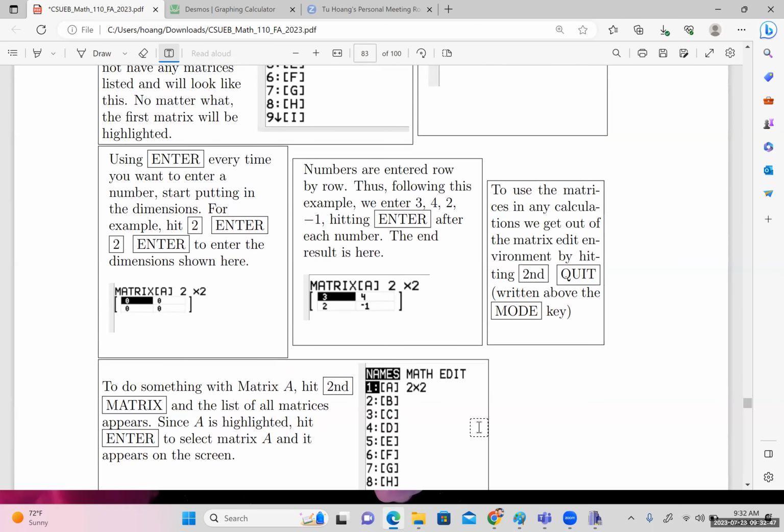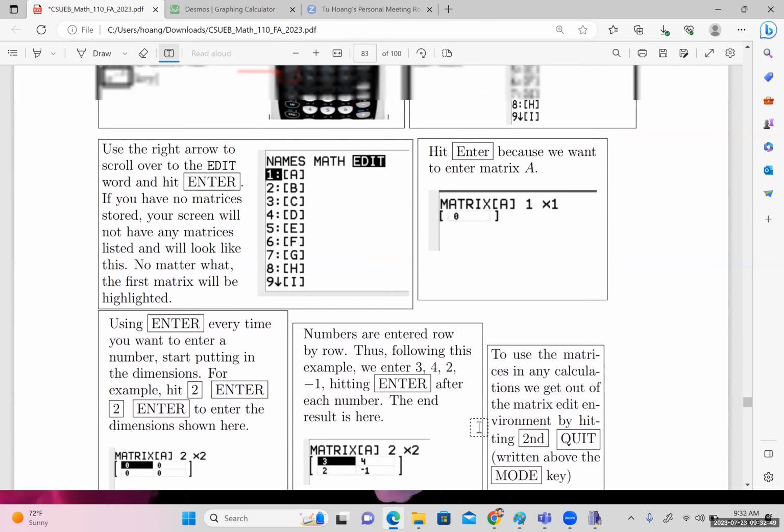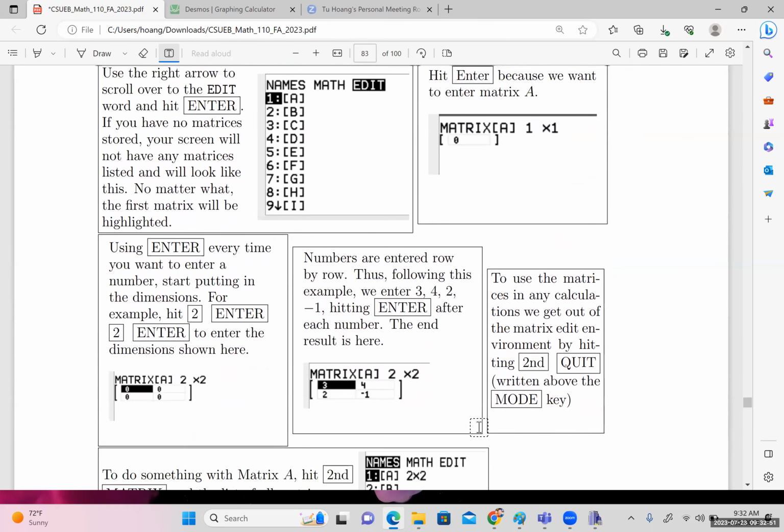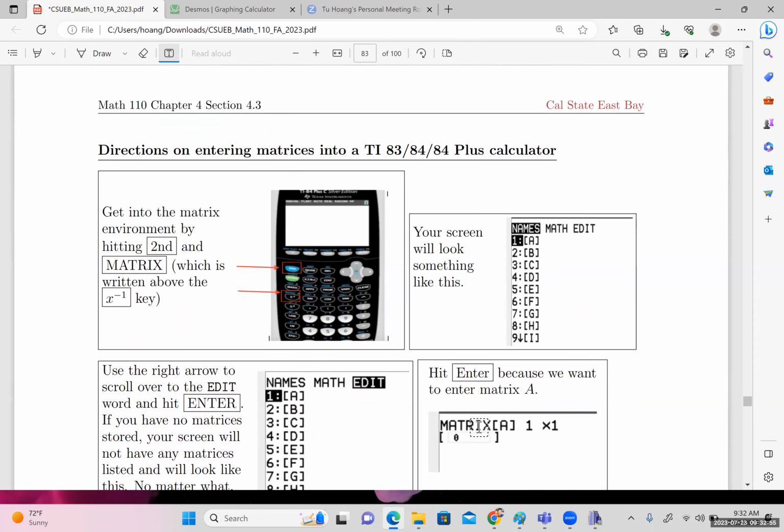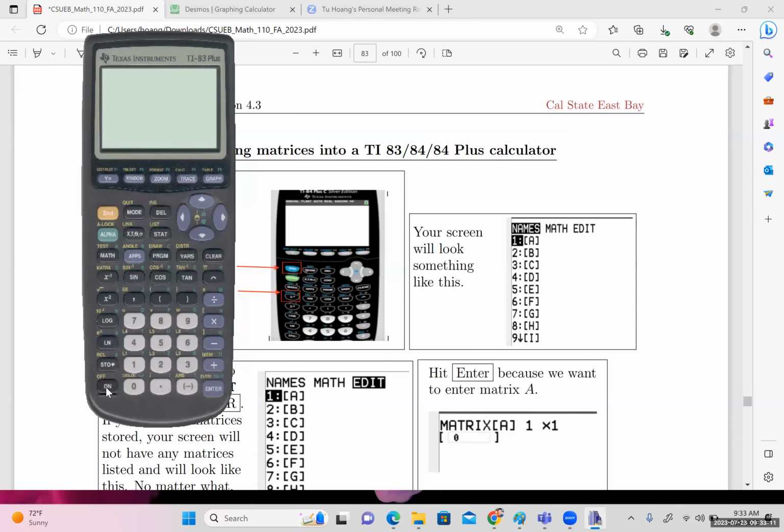So as you see here, this is the direction on entering matrices into a TI-83 or above. So let's start using it. Let me clear this up.